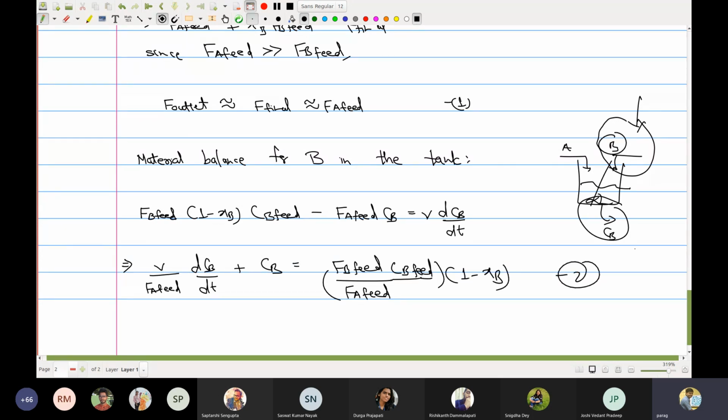This is my second model equation. I'm emphasizing that if you have any doubt at any point of time, please feel free to ask.